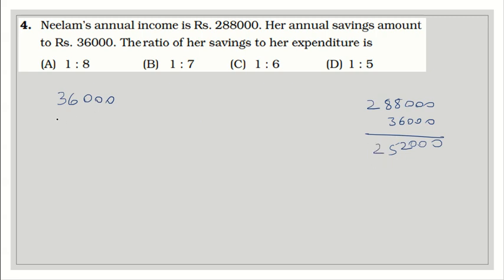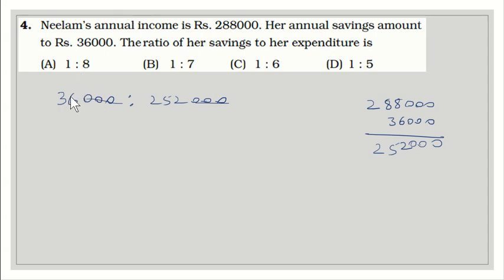So 2,52,000 is her expenditure. So the ratio of her savings to her expenditure. Now can you find out? The zeros, 3 zeros get cancelled. Now this cancellation you do it, okay?